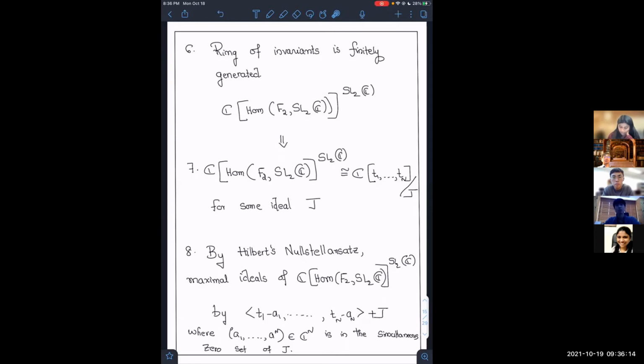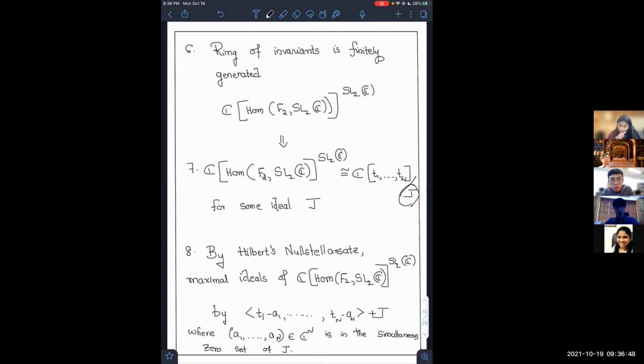Now Hilbert's Nullstellensatz tells us that all the maximal ideals of this ring factor into linear factors. So we can write them in this form, T1 minus A1 up to Tn minus An, where the Ti's are variables, and this tuple A1 to An is in the simultaneous zero set of this ideal J here.